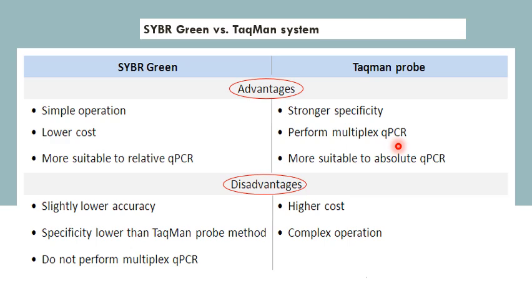Instead of repeating the assay 2, 3, 4 times, you will do the same reaction in one tube and end up with conclusive results. TaqMan also has stronger specificity, so it is specific to the target DNA you are looking for because you design your probes according to the target, and once it reaches the probe it will be reported, while SYBR Green is not that specific. It just works on the intercalating ability of the dye to the DNA strands.